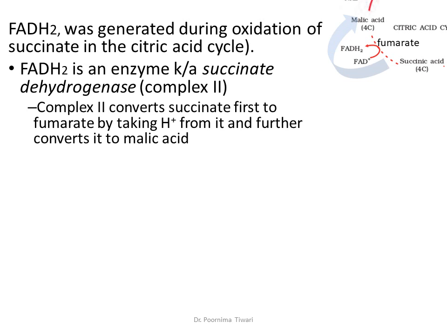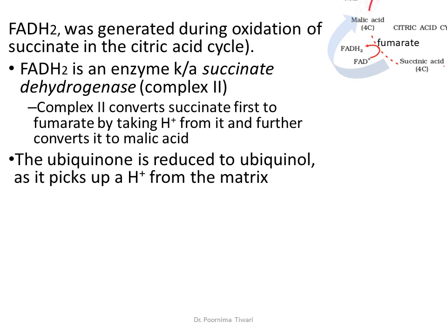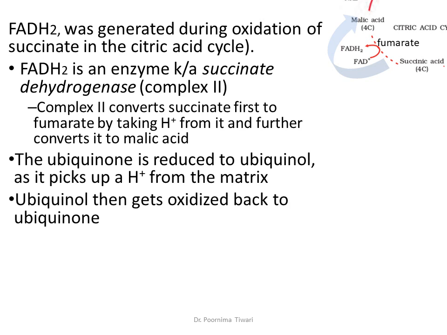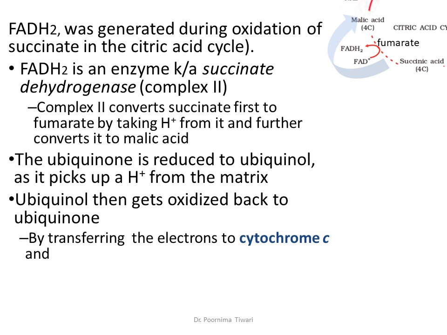The ubiquinone, which had accepted electrons from complex 1 and FADH2, is reduced to ubiquinol because it picks up an H ion also from the matrix. So it ultimately has an H atom. It is reduced to ubiquinol. The ubiquinol then gets reoxidized back to become ubiquinone by transferring the electrons to cytochrome C and releasing the H ion into the intermembrane space.